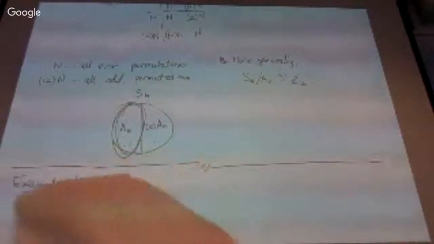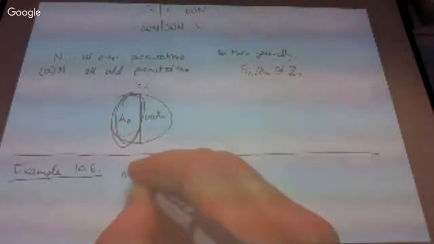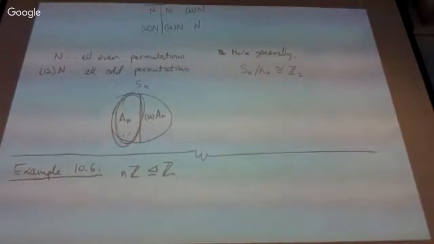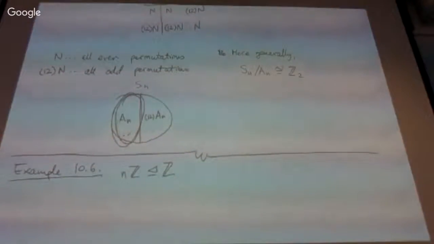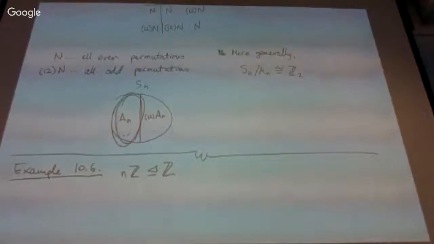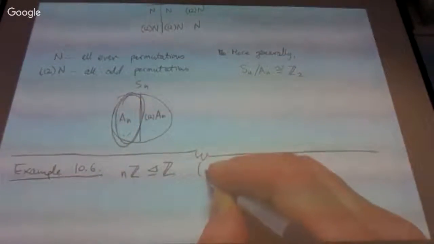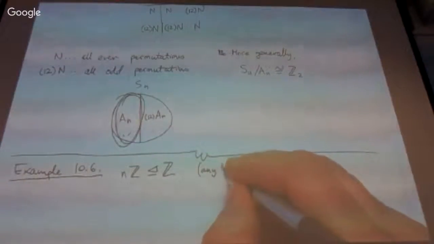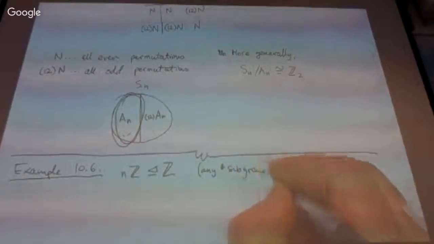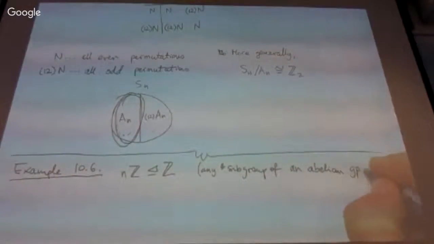Now, example 10.6. You take all the multiples of n, nZ, and that's a normal subgroup in the integers with addition. Why is it normal? One thing we said is that any subgroup of an abelian group is normal.